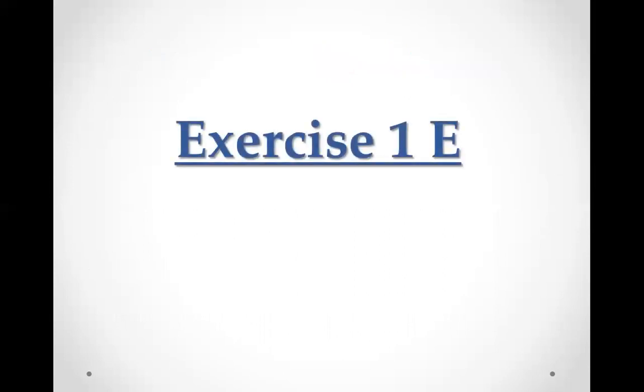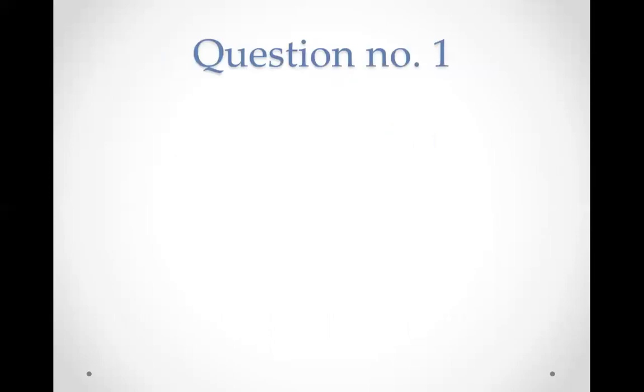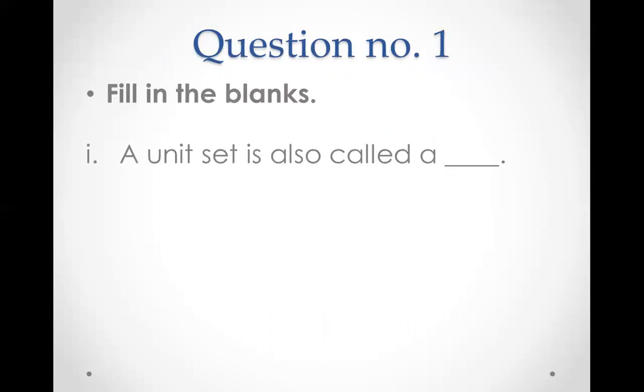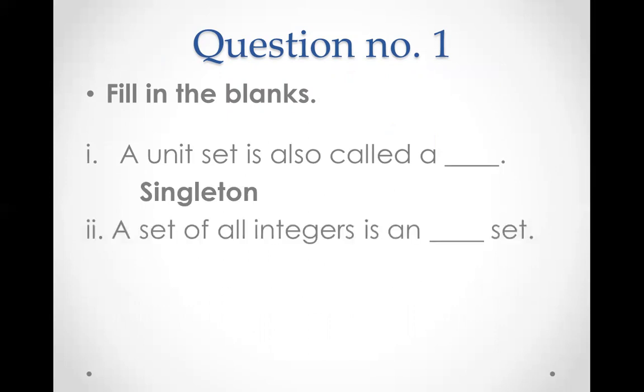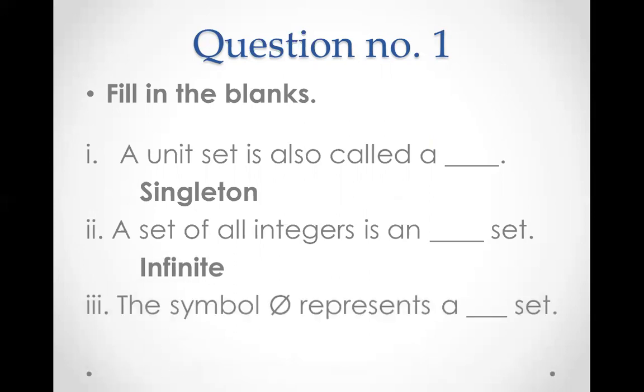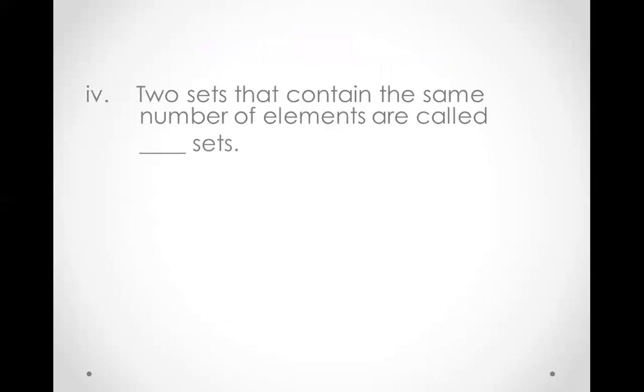Now, exercise 1E. Question number 1, it has fill in the blanks. A unit set is also called a dash, that is called singleton. A set of all integers is an dash set, infinite set. Okay, because the set of integers do not end. Now the symbol this represents an empty set. Two sets that contain the same number of elements are called equivalent sets.